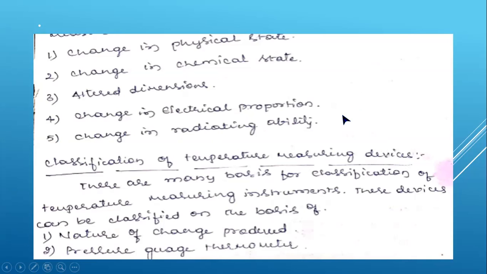Then change in radiating ability: if you increase the temperature, there will be a change in color due to radiation of heat. Next, the classification of temperature measuring instruments depends on the nature of change produced, and the pressure gauge thermometer. The principle of operation is the same: when the temperature increases, there will be a change in the reading.